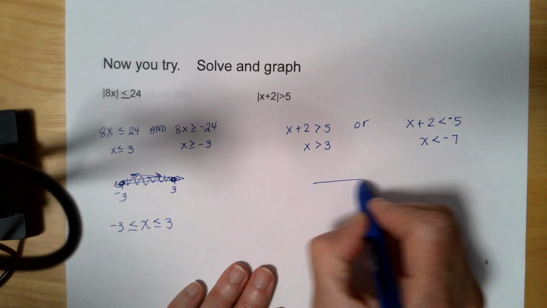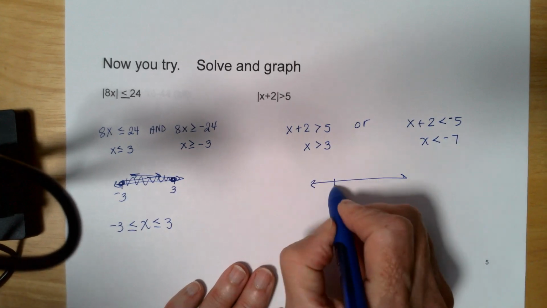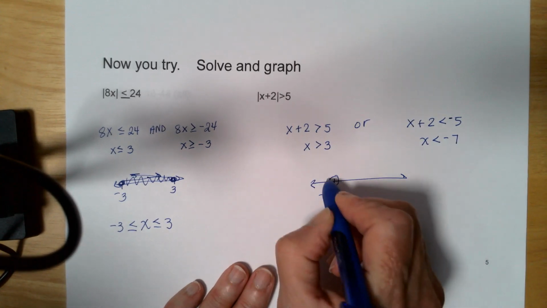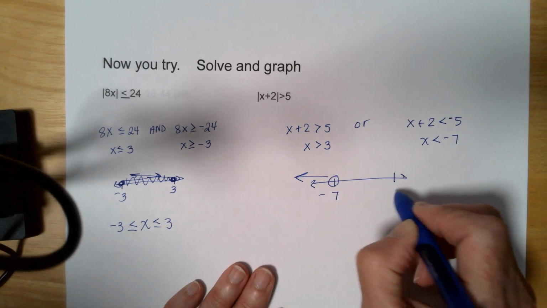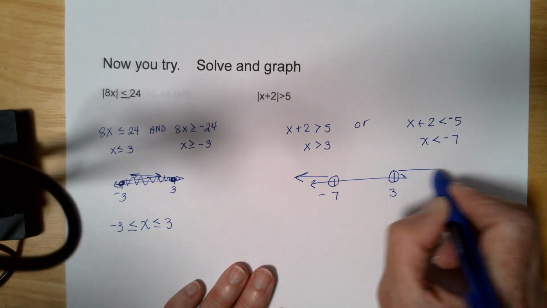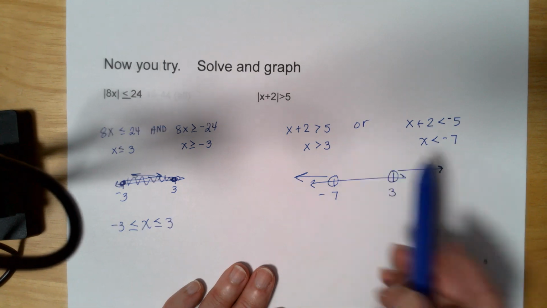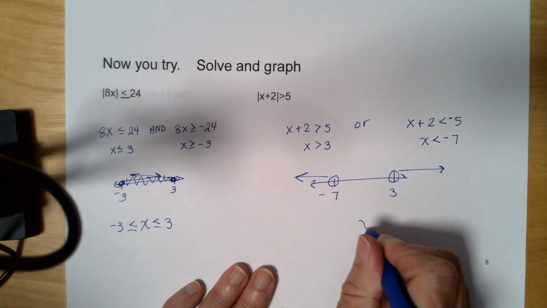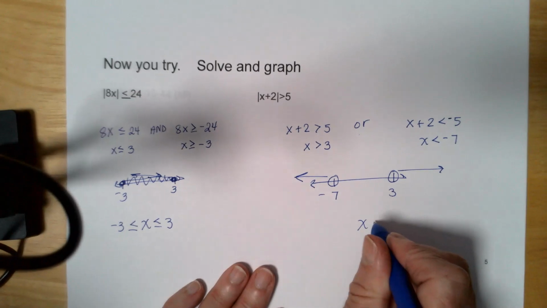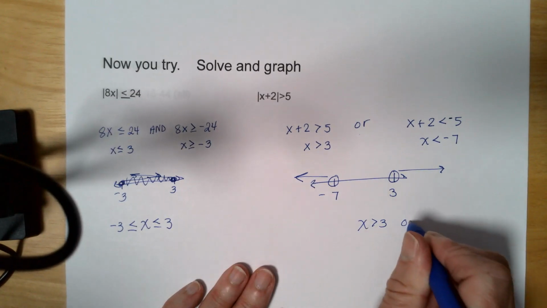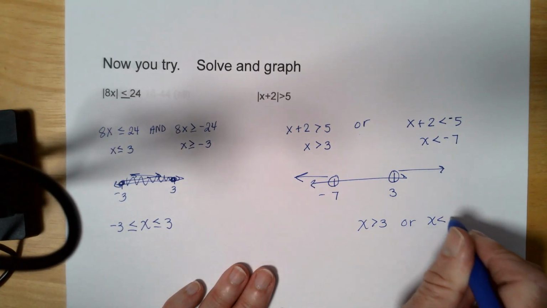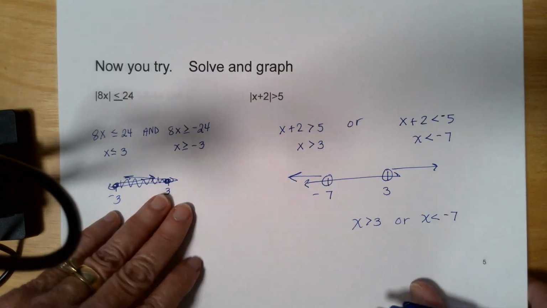So when I graph here, I have a negative 7, open circle, goes that way. 3, open circle, goes that way. They don't have anything in common, but it doesn't matter because it's an OR statement. So x is going to be greater than 3, or x is going to be less than negative 7.